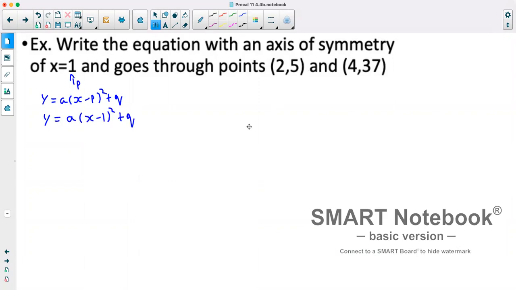We'll then substitute these 2 points into 2 separate versions of this, and then rearrange and solve for our a value. So the first one, I'll substitute the (2, 5) in, so I've got 5 is equal to a times (2 minus 1) squared plus q.